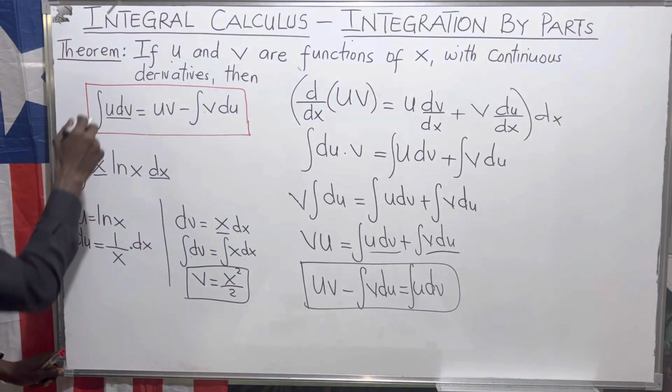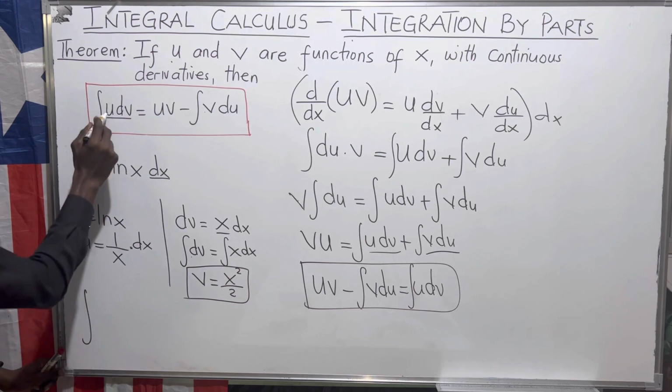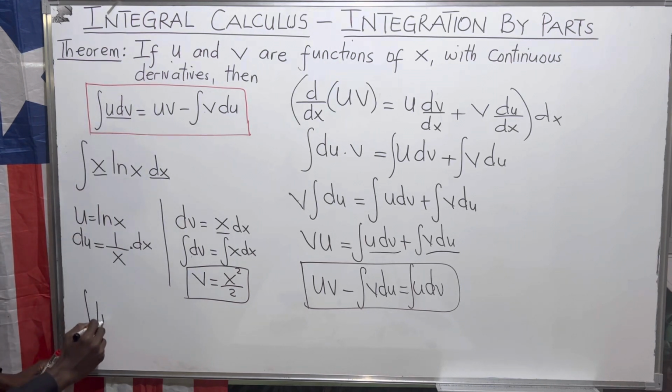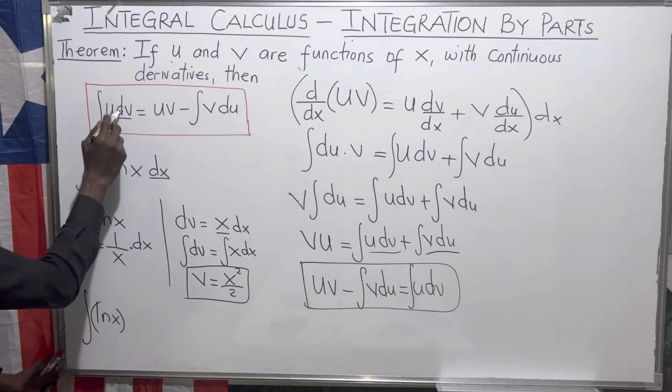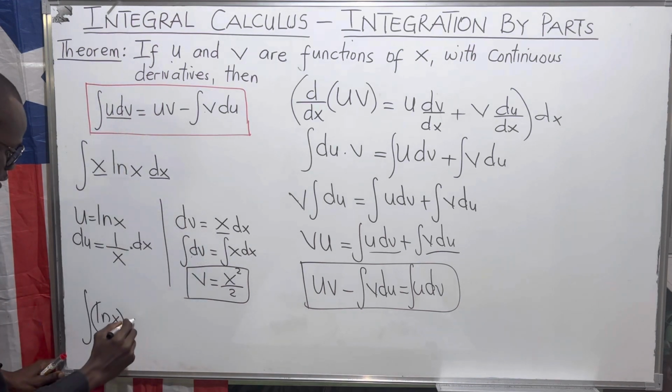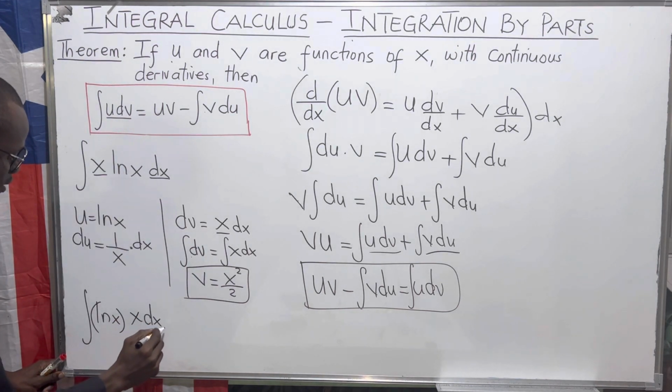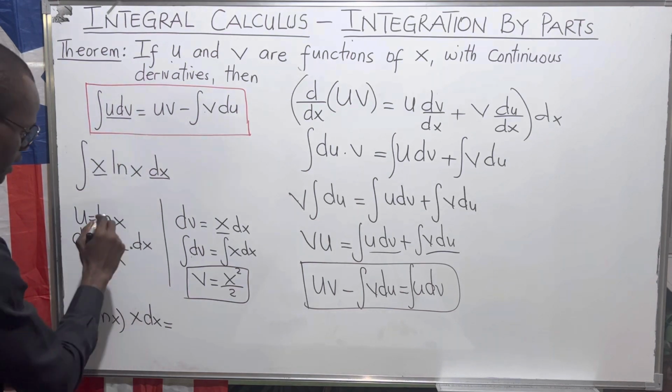Now we go back to the formula. What is u? u was ln x. And dv was x dx. So the integral equals u times v, which is ln x times x squared over 2, minus the integral of v du.